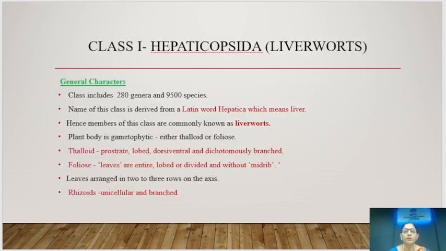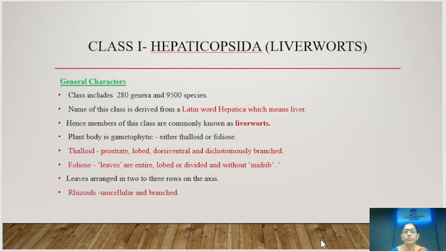In class Hepaticopsida, which is also known as liverworts, the general characters are that they have 280 genera and 9,500 species. The Latin word hepatica means liver-like structure, and hence the name liverworts is given. The plant body is gametophytic, which is thalloid and foliose.